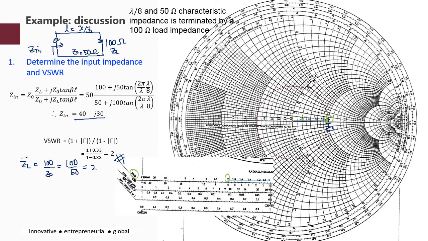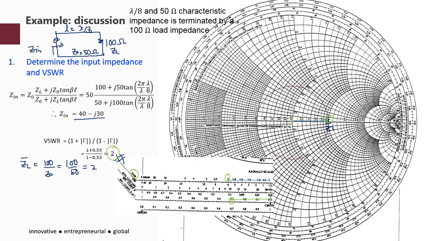If the question asks for the reflection coefficient, then bring down the same radius there and you will get the reflection coefficient. So you get the SWR equal to 2, the same as the calculated value.